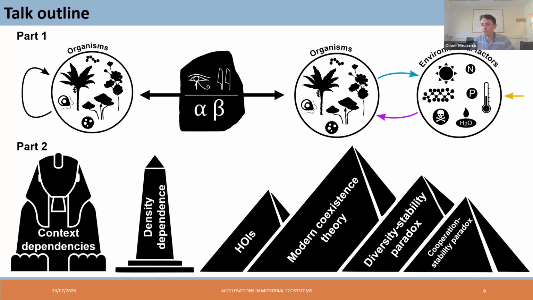And now there are all these phenomena that we found in ecology over the last 100 years, predominantly thinking in phenomenological terms, but now we can start to explore them explicitly in mechanistic terms and see how they relate to underlying interaction mechanisms. I'll be talking about three today: context dependencies, modern coexistence theory, and the cooperation stability paradox. But there are lots of other directions this could potentially go in the future.